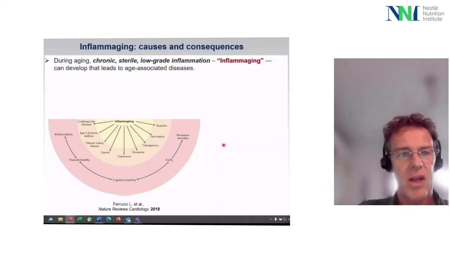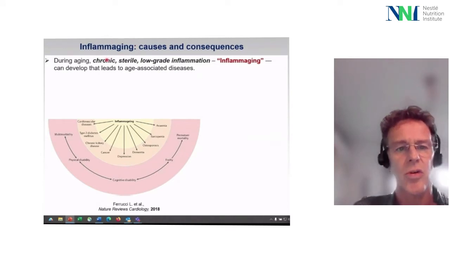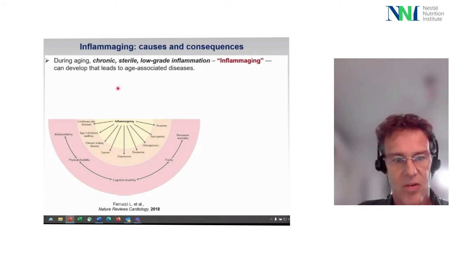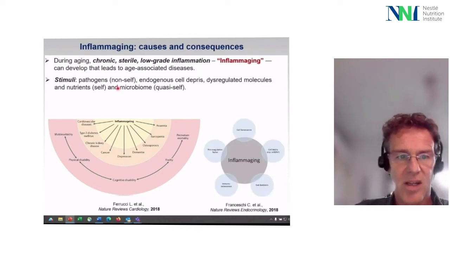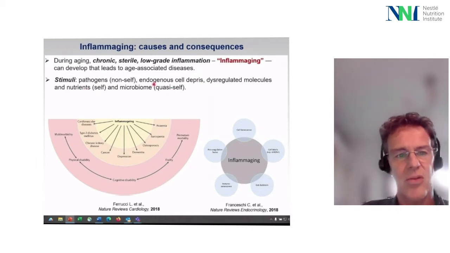There is a phenomenon called inflammaging, which is considered a chronic sterile low-grade inflammation that occurs during aging. This leads to the age-associated diseases that I just mentioned. It's not entirely clear what causes inflammaging, but probably pathogens, endogenous cell debris, dysregulated molecules and nutrients, as well as the microbiome are apparently key factors.